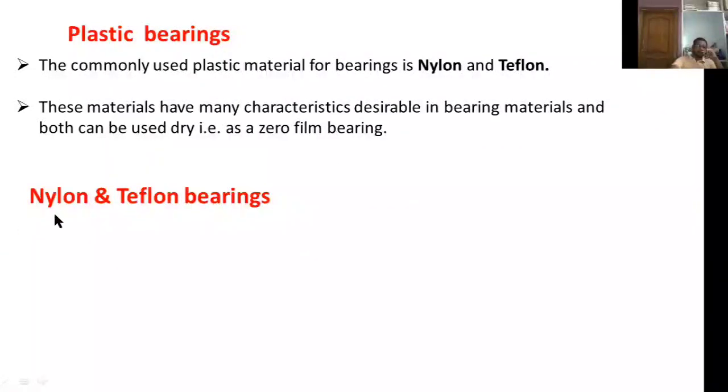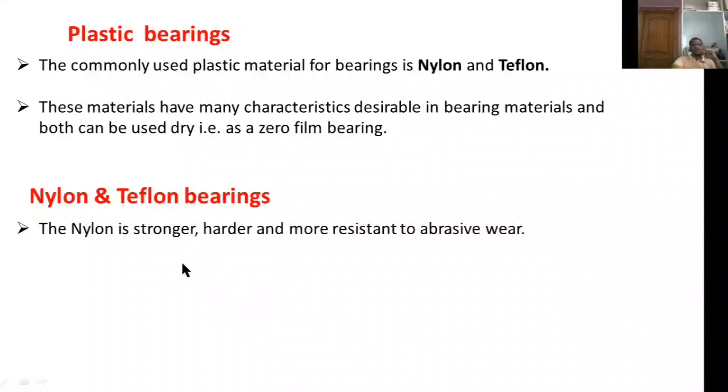Now nylon and Teflon bearings. Nylon is stronger, harder, and more resistant to abrasive wear. Okay, so nylon and Teflon bearings have high corrosion resistance as well as abrasive wear resistance.